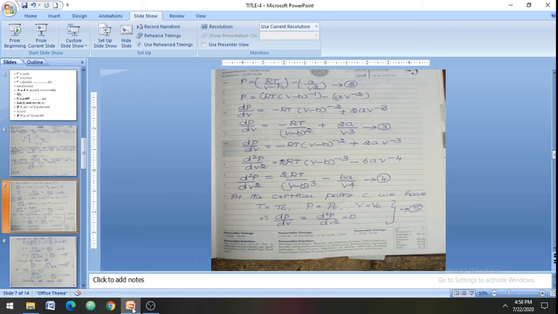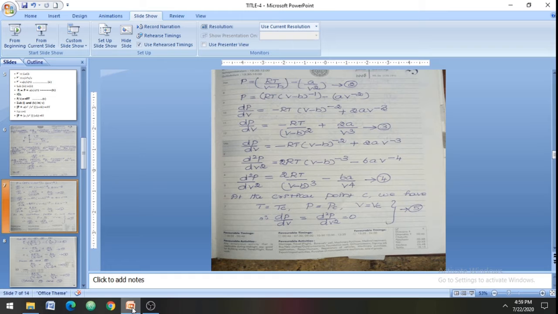Now we differentiate with respect to volume, dP/dV. Using the rule that x^n differentiates to n·x^(n−1), we have −RT times (V − b)^(−1), which becomes (V − b)^(−2). The term a/V² goes to aV^(−2), and differentiating gives −2aV^(−3); one minus is already there, and minus into minus gives plus.